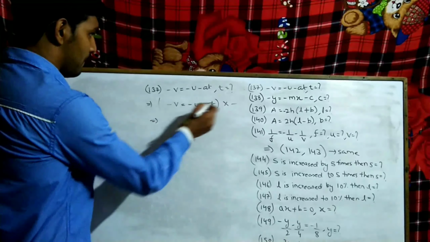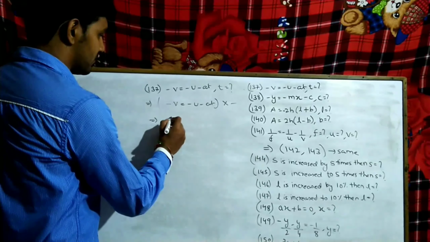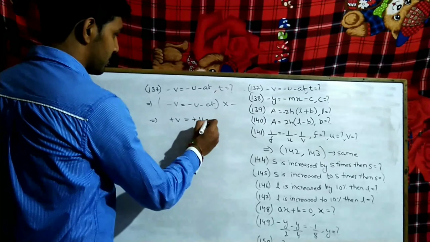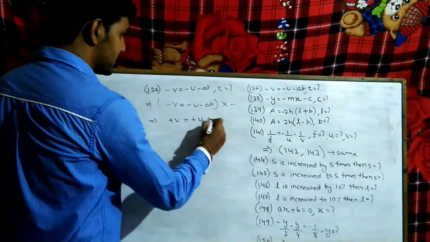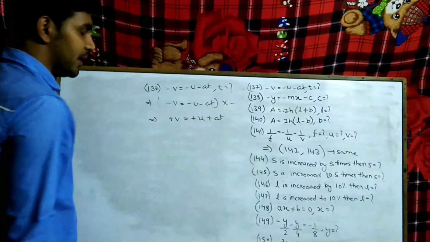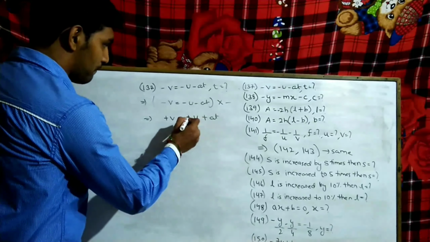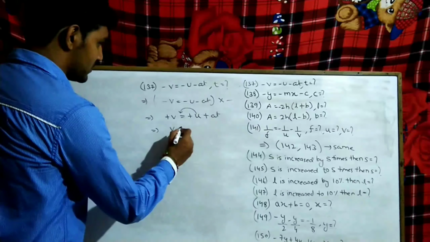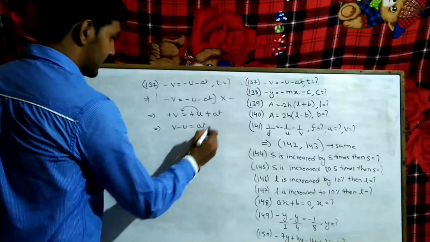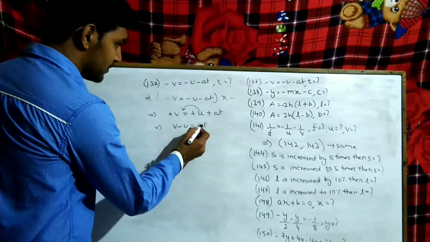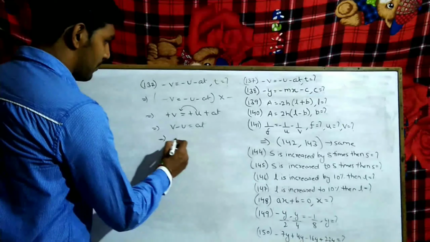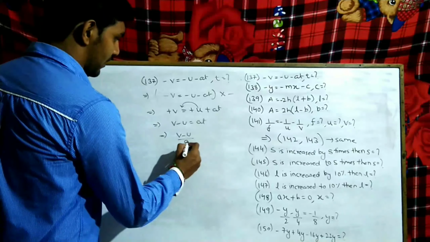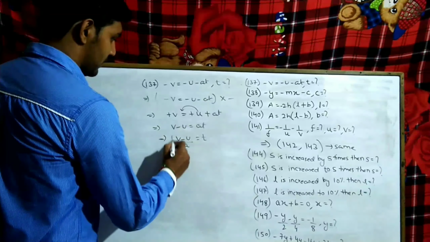So minus minus becomes plus v is equal to minus minus becomes plus u, minus minus becomes plus at. Okay, clear everyone? Now this plus u will come that side becomes minus. So v minus u is equal to at. Okay, so this multiplication part, a, going that side becomes division. So v minus u by a is equal to t. Okay, clear everyone?